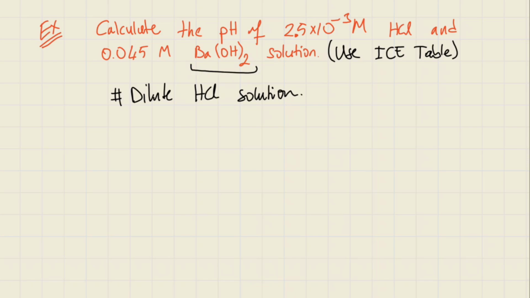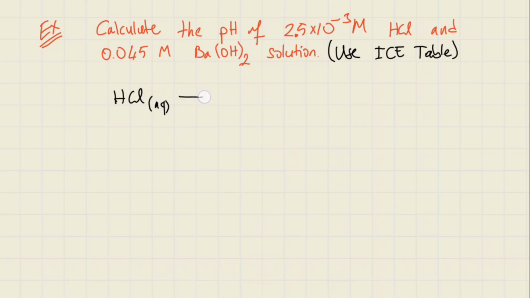So we will use an ICE table to make the calculation. So we have HCl. It ionizes into hydrogen plus chlorine minus in aqueous phase.